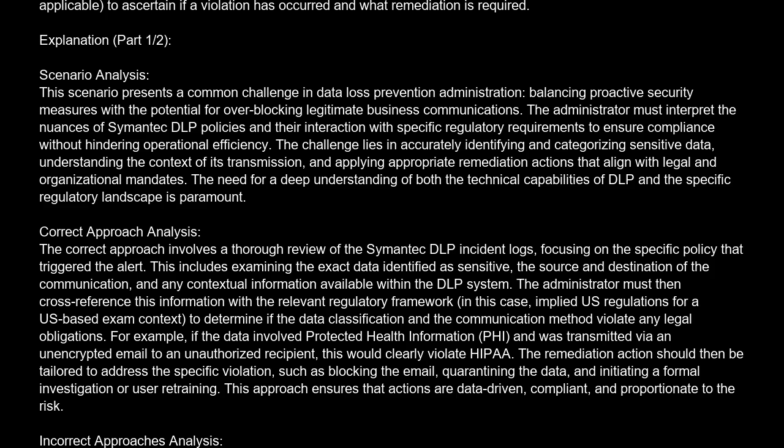The challenge lies in accurately identifying and categorizing sensitive data, understanding the context of its transmission, and applying appropriate remediation actions that align with legal and organizational mandates. The need for a deep understanding of both the technical capabilities of DLP and the specific regulatory landscape is paramount.